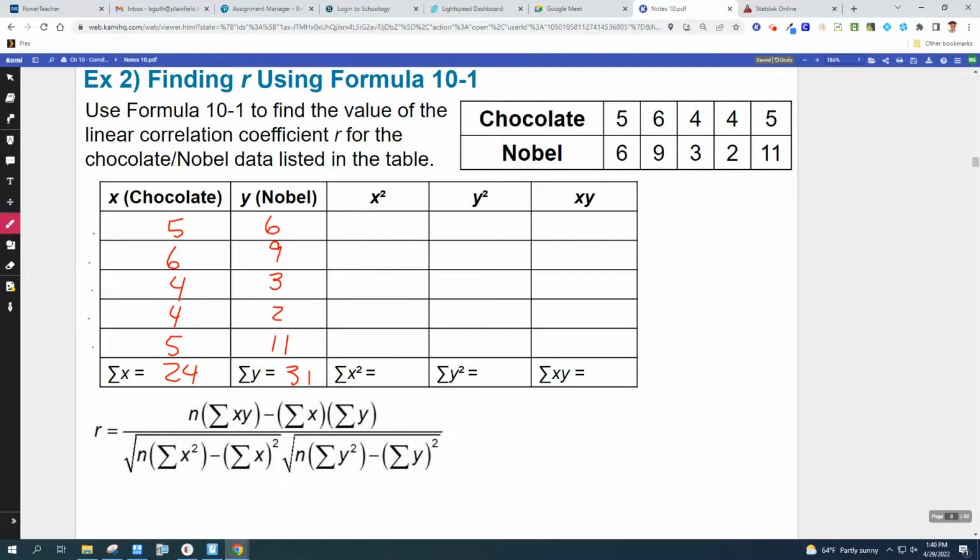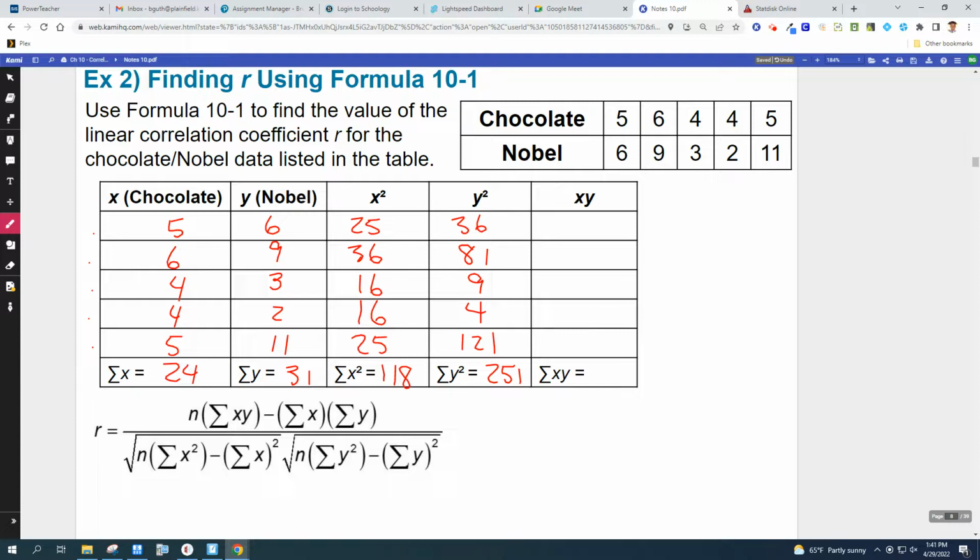X squared, literally just square all your X numbers: 5 squared, 6 squared, 4 squared, 4 squared, 5 squared. Sum is 118. Y squared numbers: 6 squared, 9 squared, 3 squared, 2 squared, 11 squared, and their sum is 251.